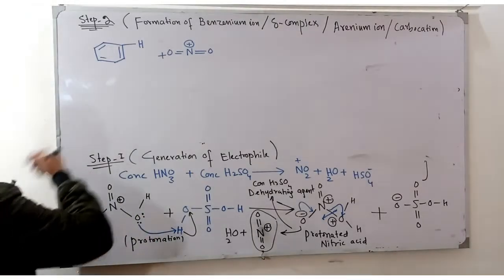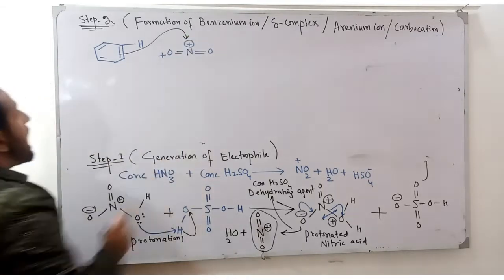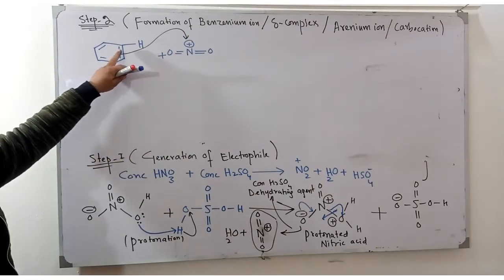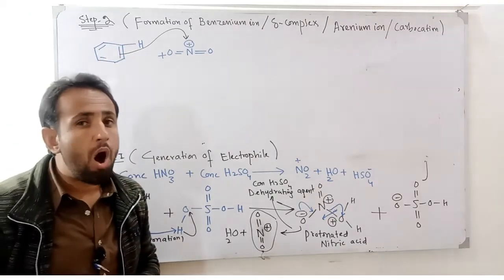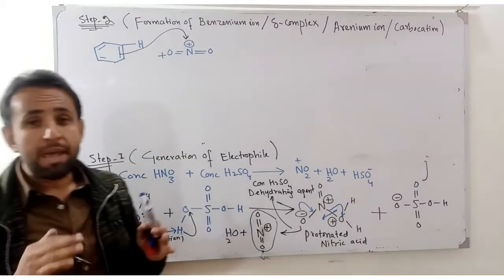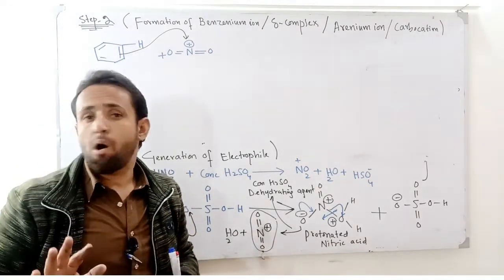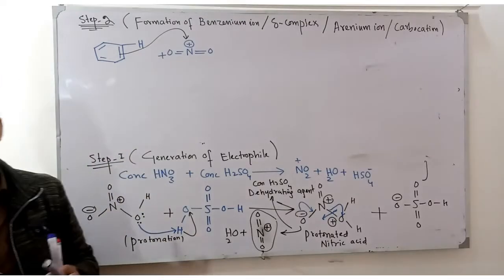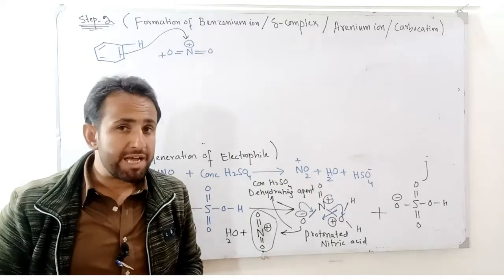The double bond of the benzene will attack this nitrogen atom. I mean, a bond will be formed between one of the carbon atoms of the benzene and this nitrogen atom. It is impossible for a nitrogen atom to form 5 bonds. This is highly unstable and a highly wrong case for a nitrogen atom.